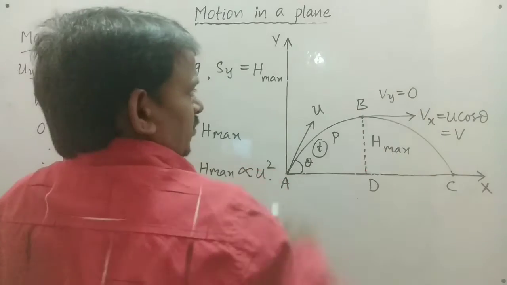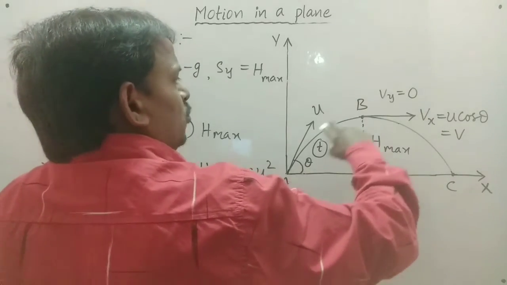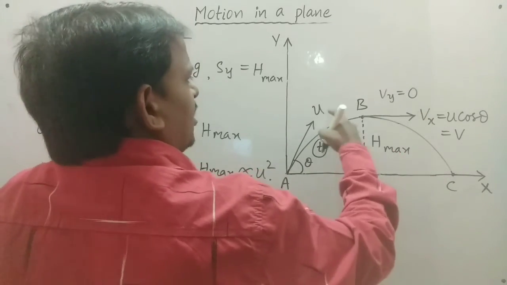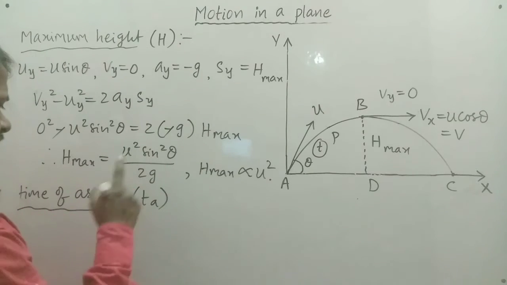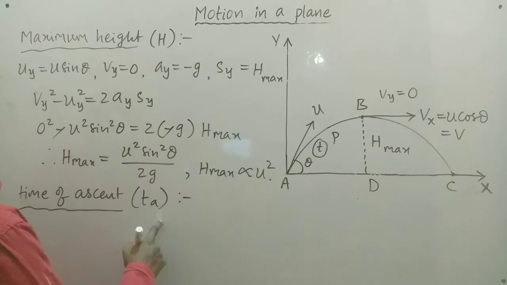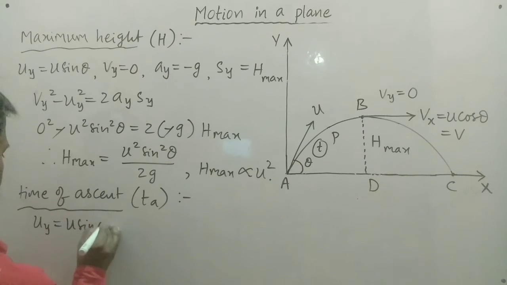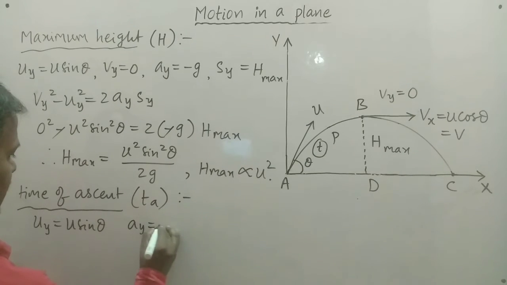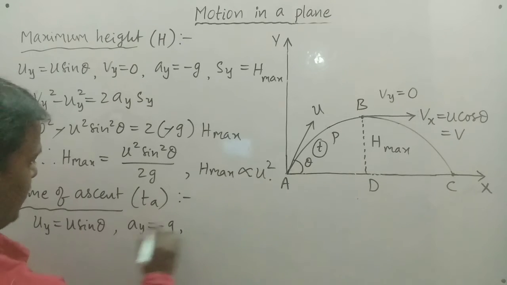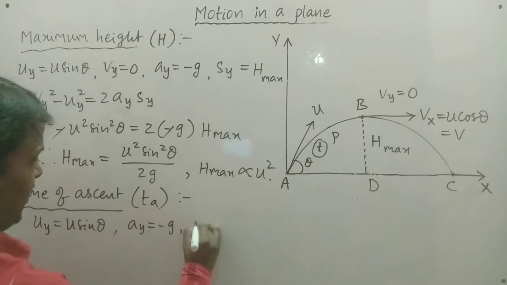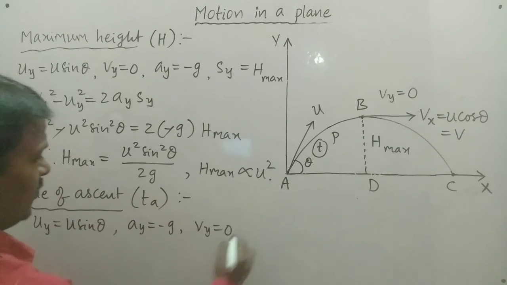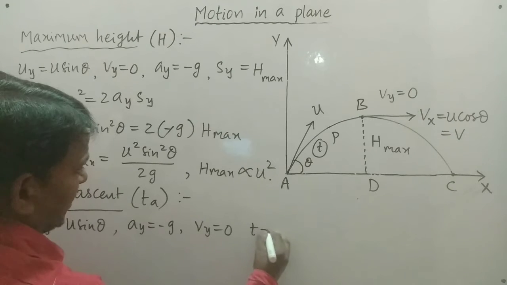How to find time of ascent? Vy is 0, since it is going upward. Take all the vertical components and substitute in the first equation of motion. Uy is equal to U sin theta, Ay is equal to minus g, Vy is equal to 0, time t seconds.